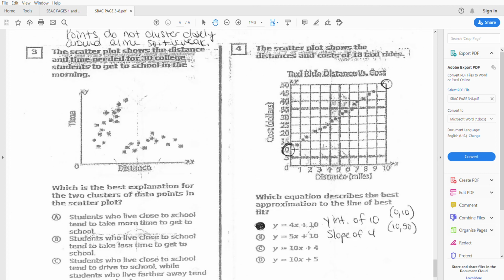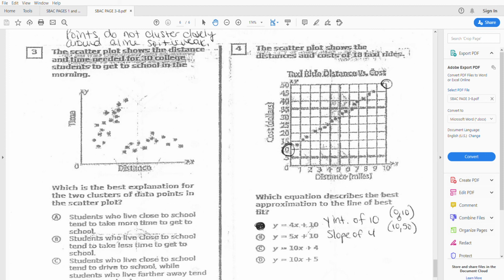Number 4, the scatter plot shows the distances and costs of 18 taxi rides. Which equation describes the best approximation to the line of best fit? So I wanted to look at the 2 closest points. I know that the y-intercept is 10, because if this line kept going, it's going to go to about 10. Again, we're approximating, so it doesn't have to be exact.